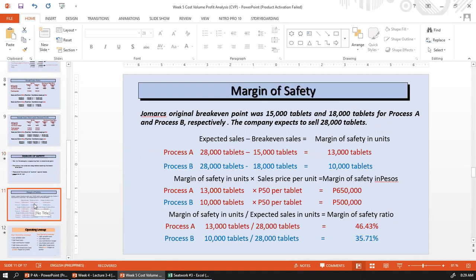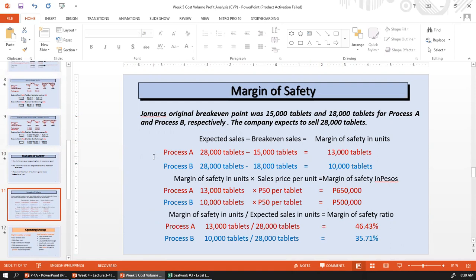So how to compute for your margin of safety? Again, the problem is Jomark original break-even point was 15,000 tablets and 18,000 tablets for process B. The company expects to sell 28,000 tablets. So our margin of safety formula is expected sales minus your break-even sales.